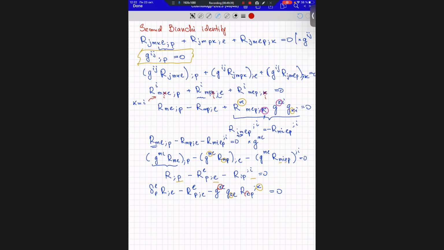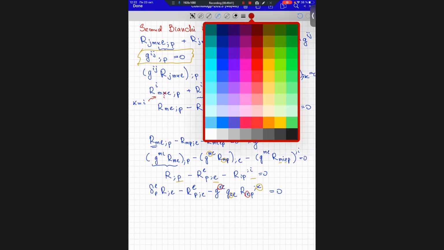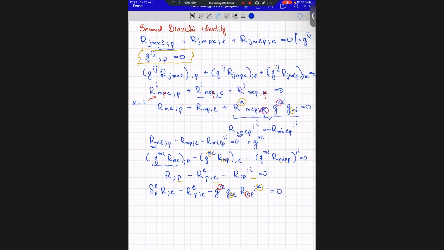This K to this index. So one making rising of the index, another lowering. So what I will have, again, let me write: delta P L R L I leave as it is, R L P covariant L. And here I will have minus R. So I will make the index K with the covariant derivative, which is above, below.